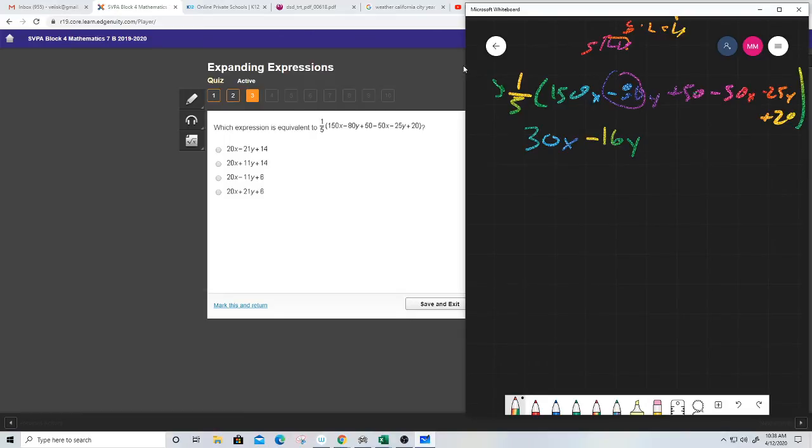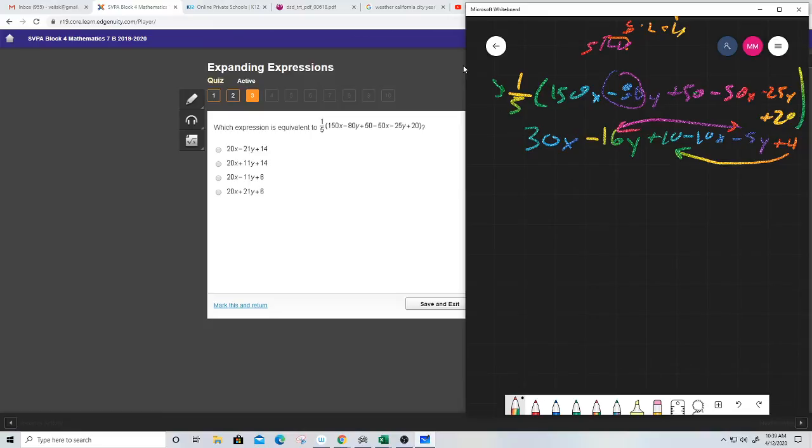What's 50 divided by 5? Plus 10. What's 50 divided by 5? Minus 10x. What's negative 25y divided by 5? Negative 5y. And I believe now we see it. And now what's 20 divided by 5? Well, that's plus 4. And there's the second part of our answer.